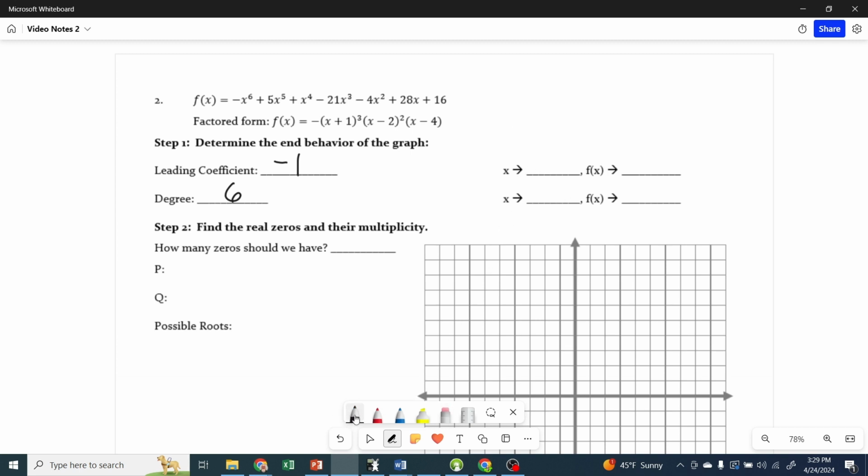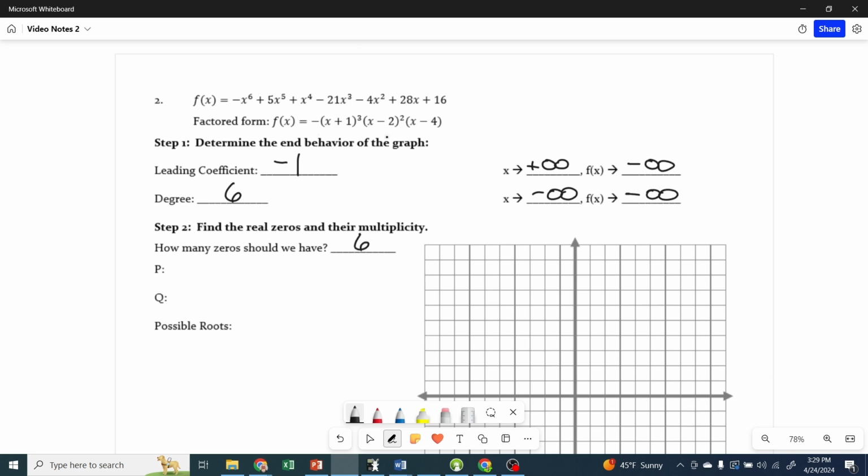So what this function says is, okay, as we approach positive infinity, since this is negative, it's going to be negative infinity. Both end behaviors are going the same direction. So as negative infinity here, this is also negative infinity. We should have 6 zeros, right? Because it's a 6-degree polynomial.